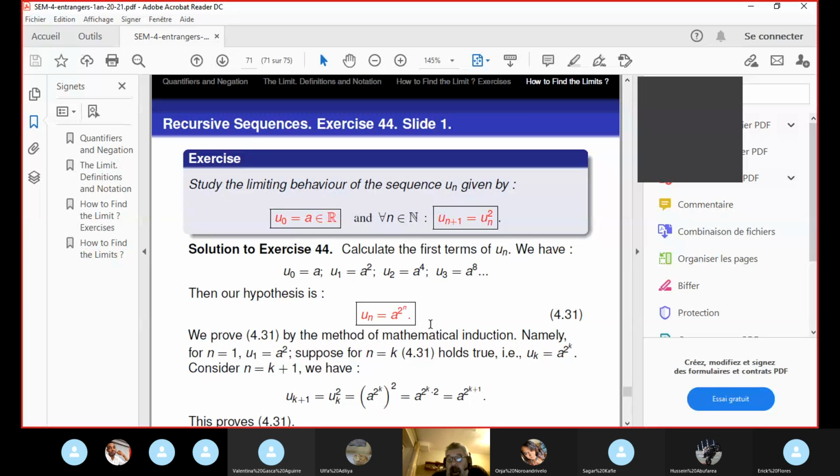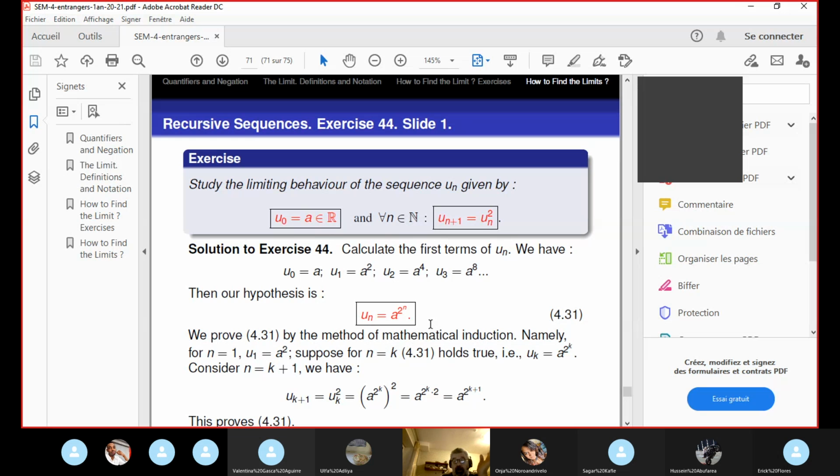By 4.31, I have that u sub k plus 1 is u sub k squared.